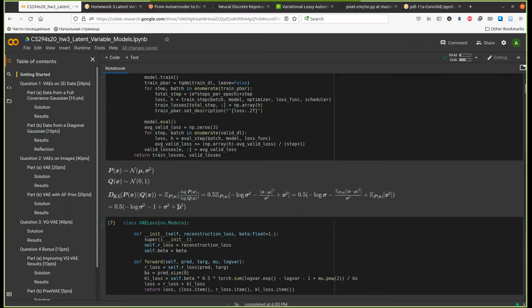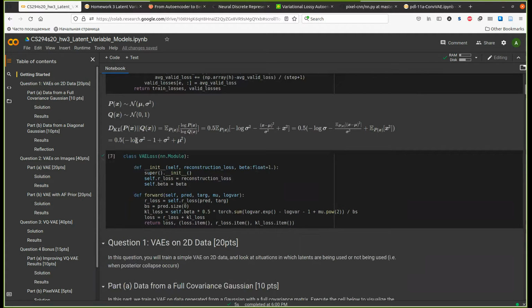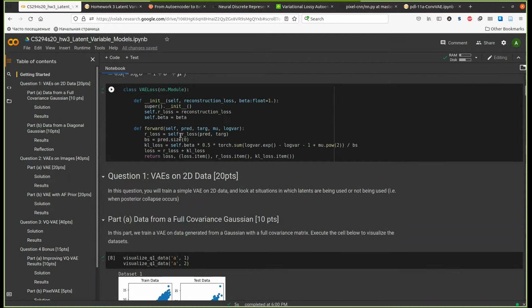So that's these four factors of it, and everything is multiplied by 0.5. Okay, and so in code that would be like this.